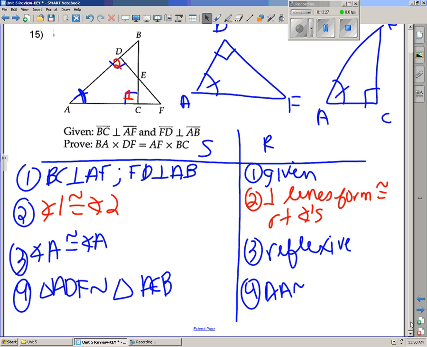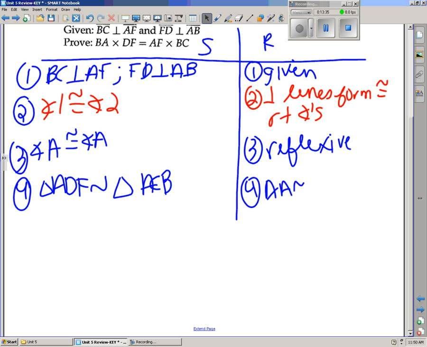And now what's left to do is to figure out how we're going to set up our proportion. So our cross products are equal. And I'm going to go like this. I'm going to say that FA is to BA as FD is to BC.